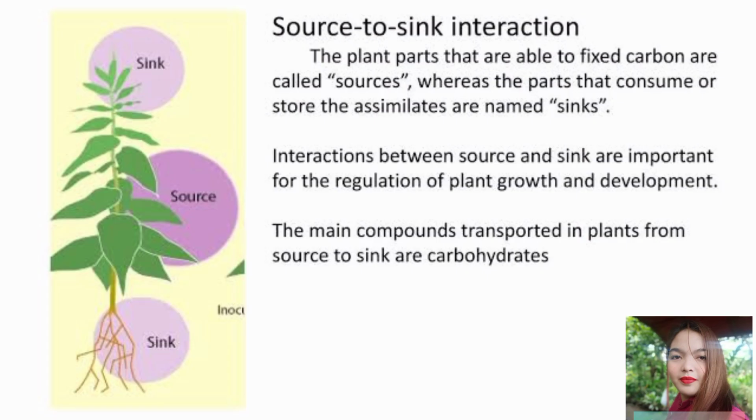The sink is the importer or consumer of assimilates, such as the fruits and other products that we eat, because it is the last part of the assimilation.